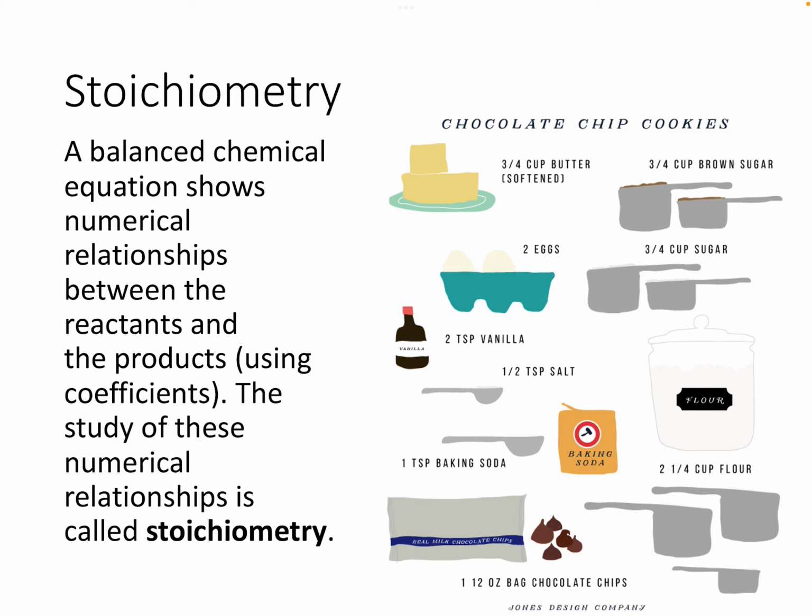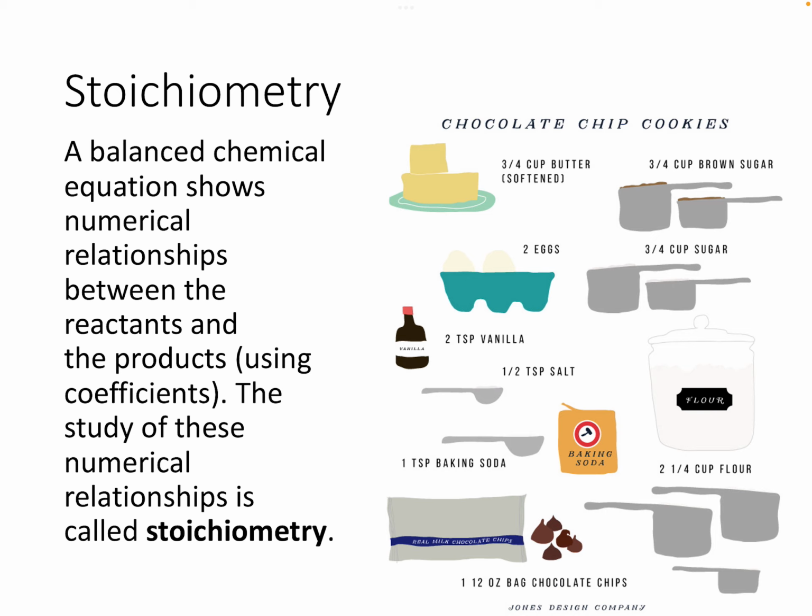Now, we can see this in not just chemistry, but in areas like cooking or baking, which is essentially chemistry, right? You're mixing things together and you're coming up with a new product. So, for example, let's look at a recipe for chocolate chip cookies on the right.